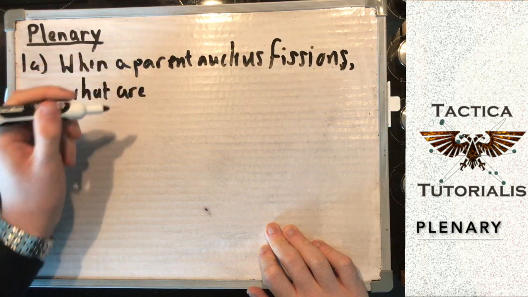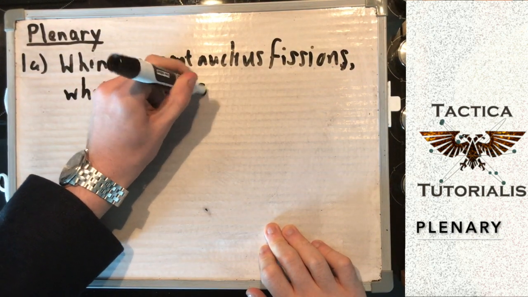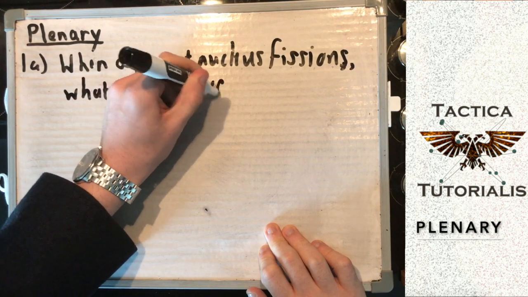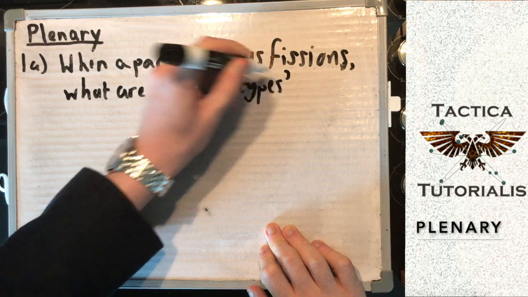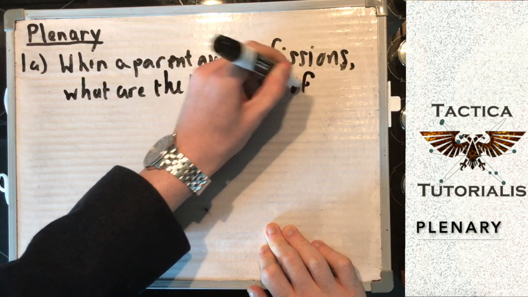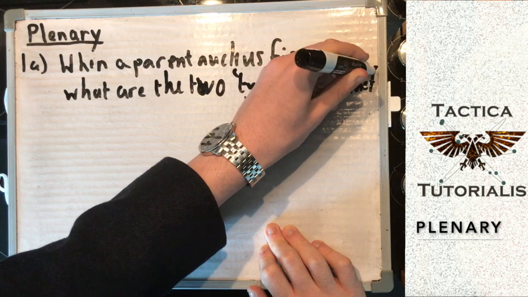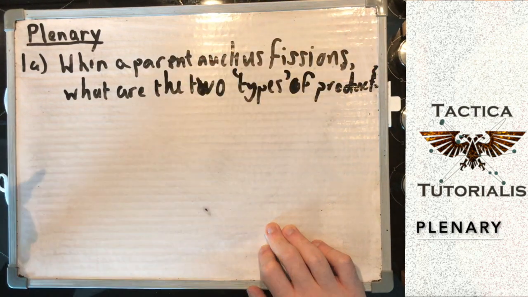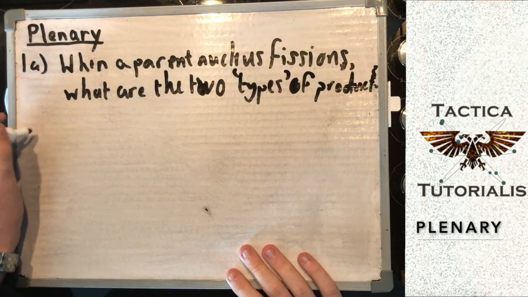Of course, there are more than two products because you'll often see several different things released if you remember back earlier, but they generally come into two types or groups of product. So what are the two types of product from nuclear fission that we've talked about today?